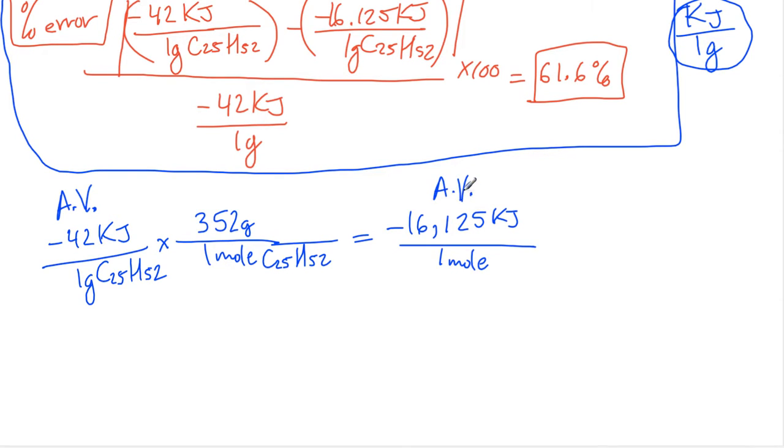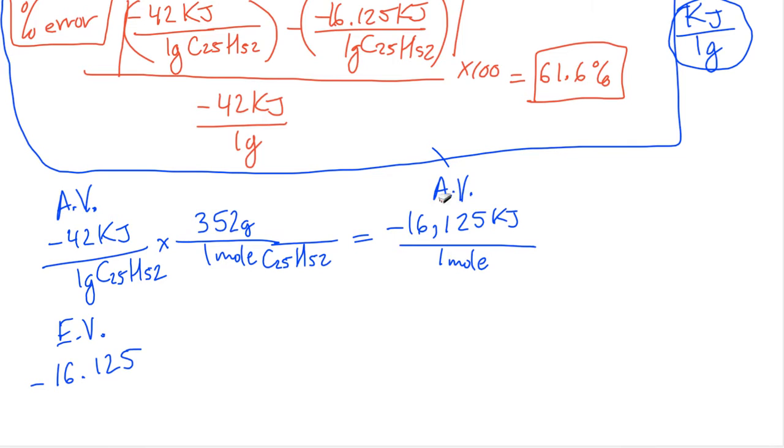My experimental value, I'm going to take this and convert it into moles as well, into kilojoules per mole. So for my experimental value, let's call it EV, I take negative 16.125, sorry guys, this is the wrong number here.